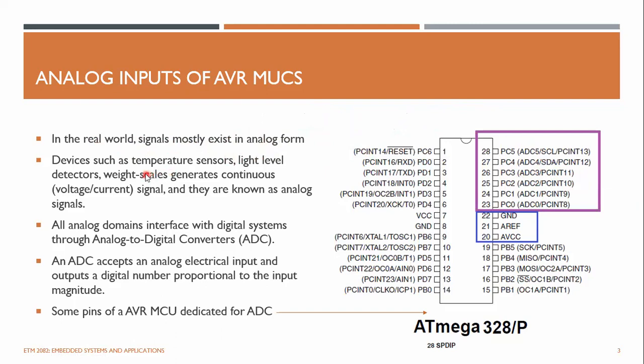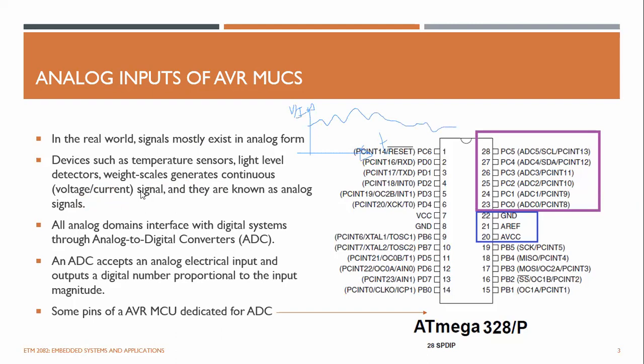Devices such as temperature sensors, light level detectors, and weight scales generate continuous signals, either voltage or current, which is known as an analog signal. So with respect to the time, the voltage or the current can be varied.